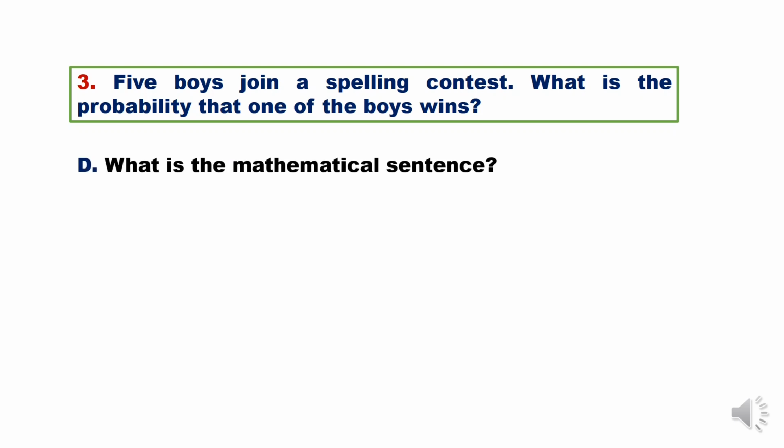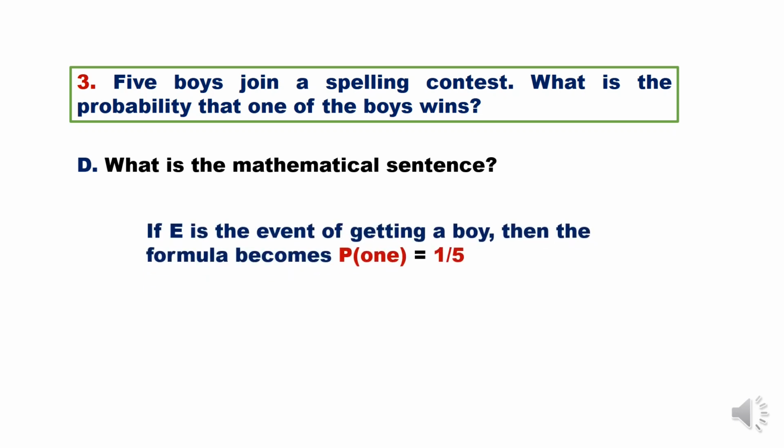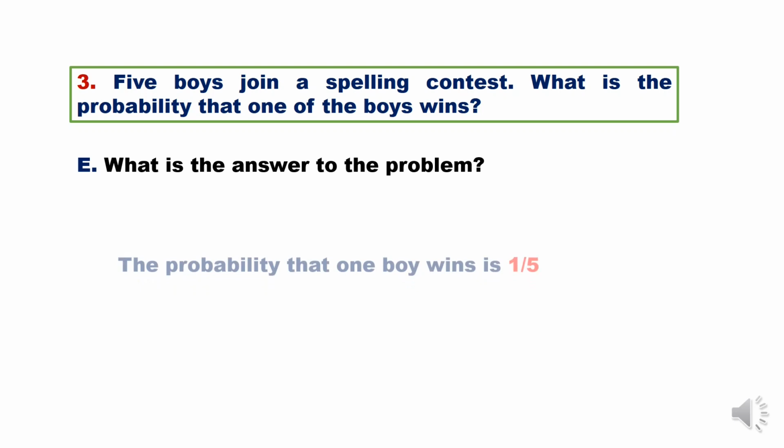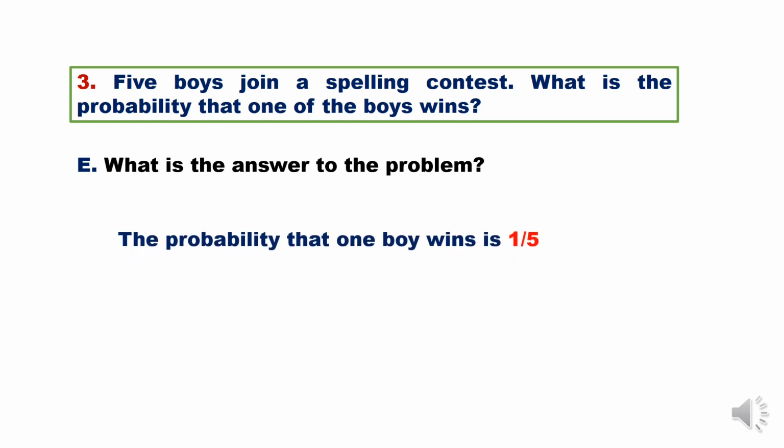What is the mathematical sentence? If E is the event of getting a boy, then the formula becomes P(1) equals 1/5. What is the answer to the problem? The probability that one boy wins is 1/5.